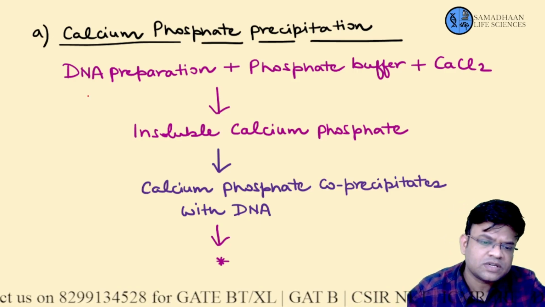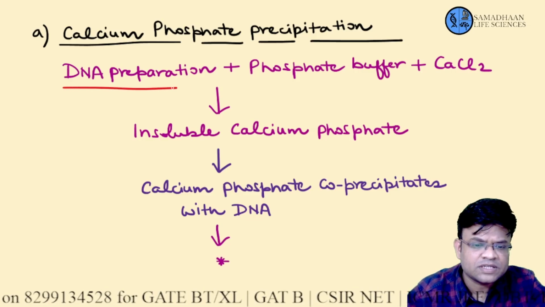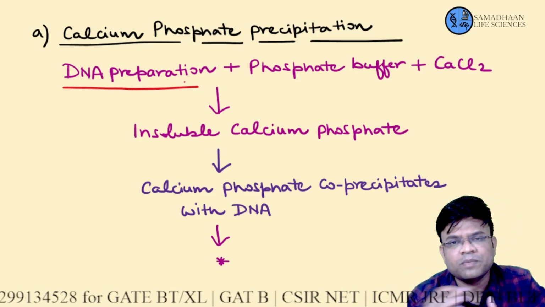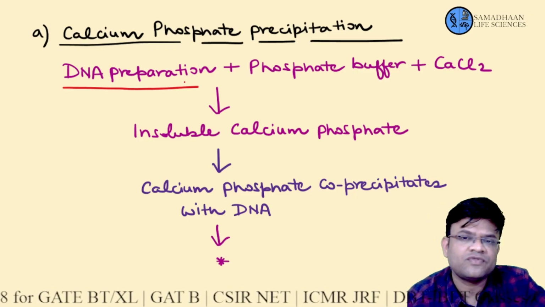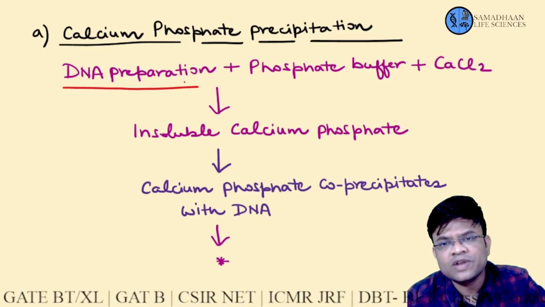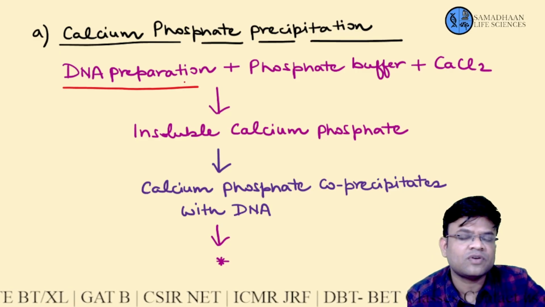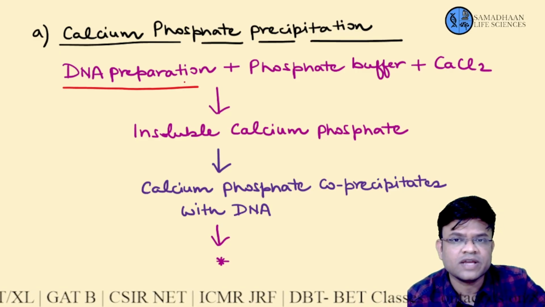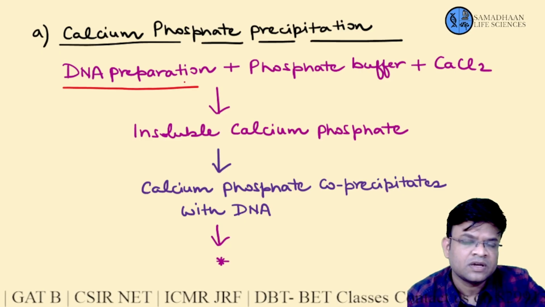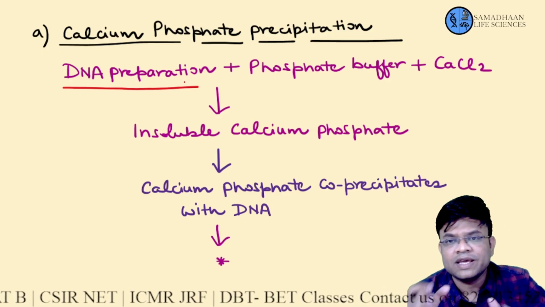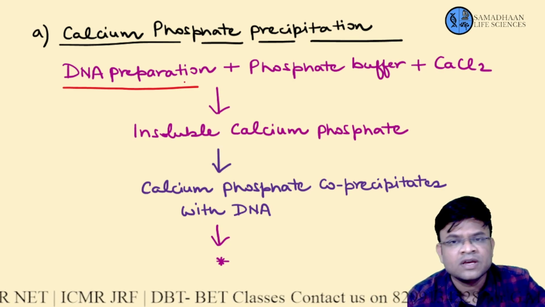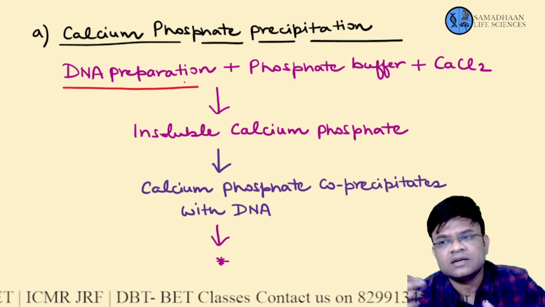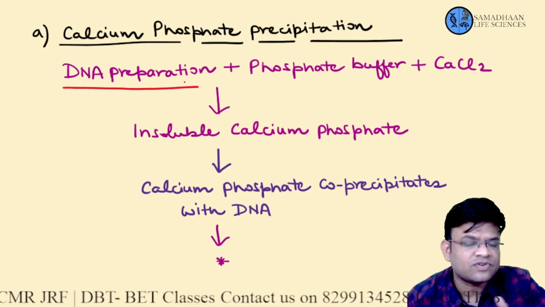Now, what you do is you prepare the DNA. That means you isolate the DNA that you want to use in the process of transfection. Of course, you will have to isolate the DNA from the source organism or the donor organism. Suppose you want to take out the DNA from a human being. You will first have to isolate the cells from the human being.